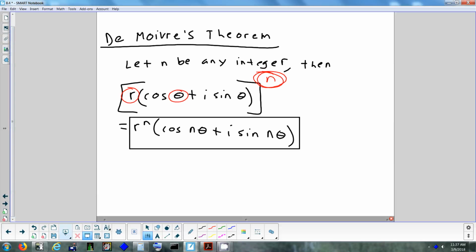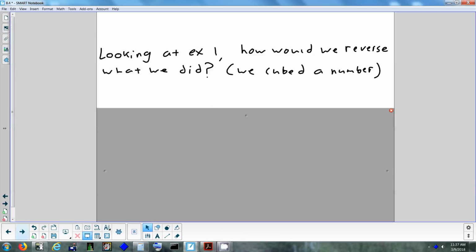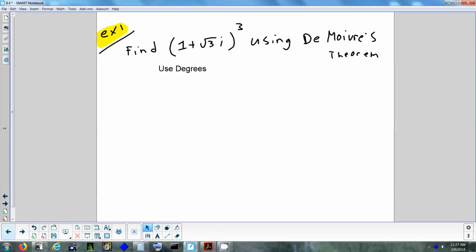Okay, so let's try an example. I'm going to do example 2 first. So hold off on copying that. Actually, you know what? No, let's do that one first. So I want to cube that.